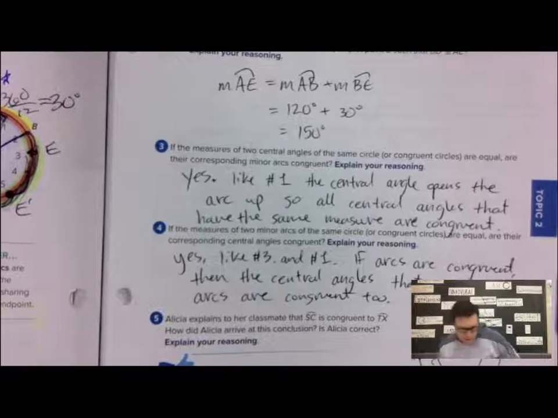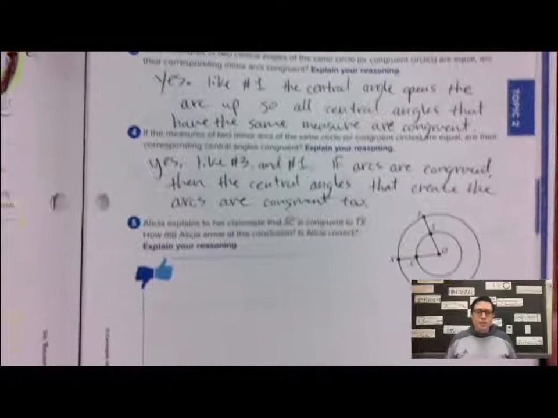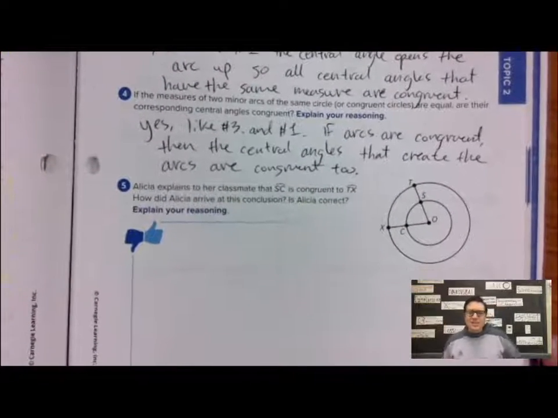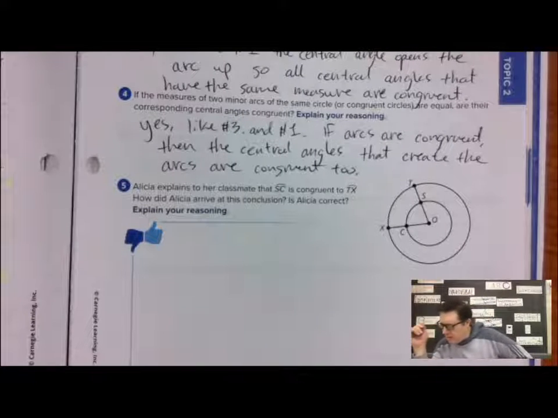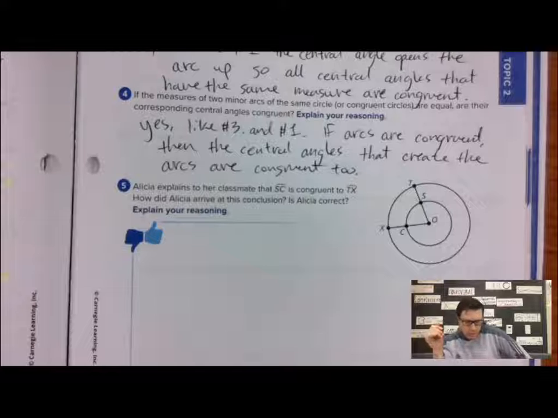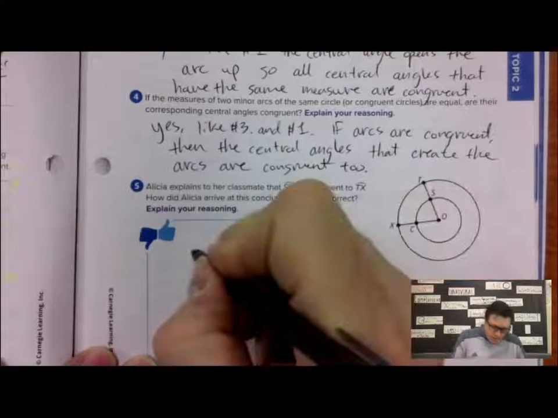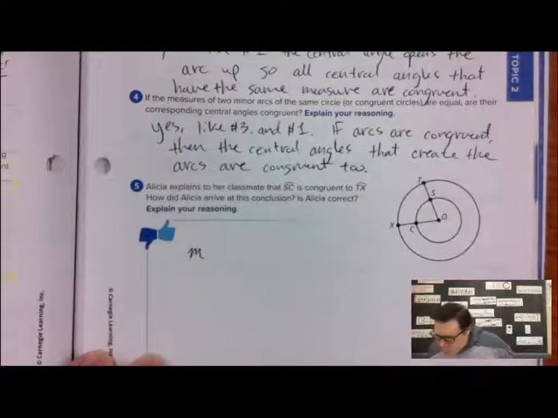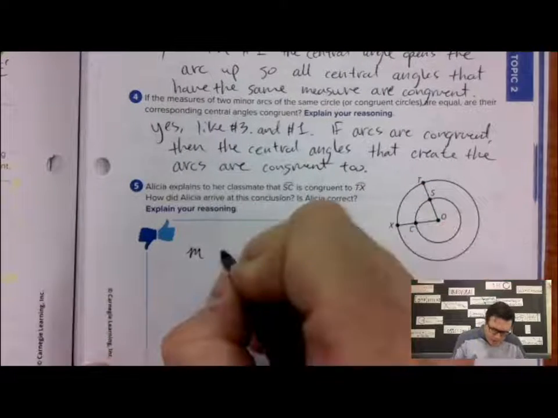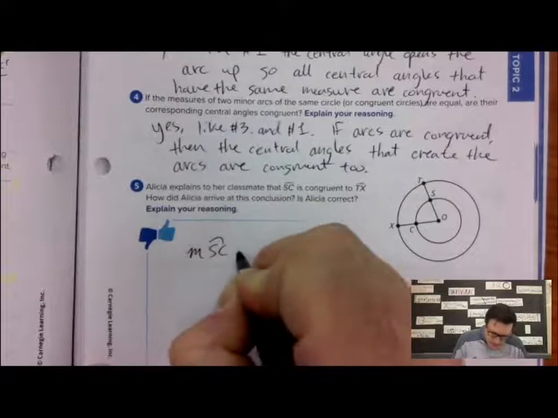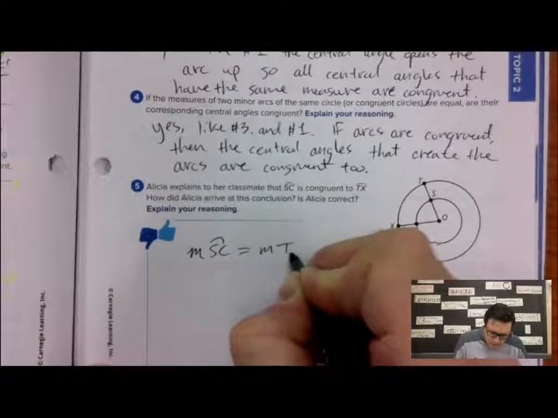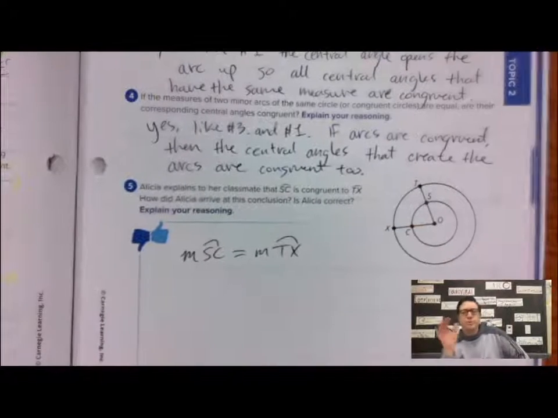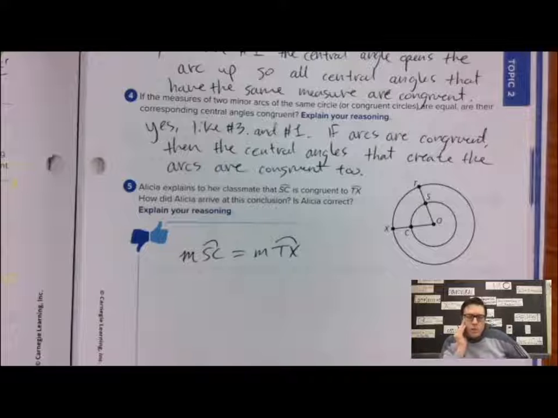Okay, last one. Alicia explains to her classmate that arc SC is congruent to arc TX. So how did Alicia arrive at this conclusion? Is Alicia correct? Well, here's the difference. The measure of arc SC is equal to the measure of arc TX. That's true. The degrees are equal. And so if they're going to be equal in angle measure, cool.